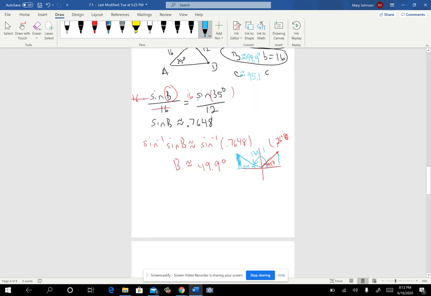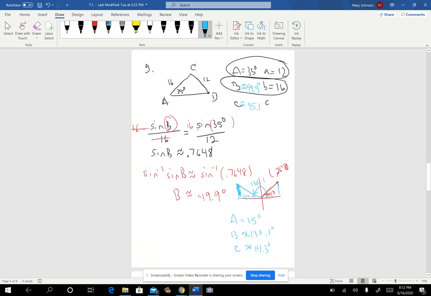But what I just found is that if the A was 35 and the B was 130.1, I would still have the ability to form a triangle, because I could let C be 14.3 degrees. You see that? So if you were solving case number 5, when you got this angle right here and you check it, B could be 49.9 or B could be 130.1. So you have to solve both possible triangles.